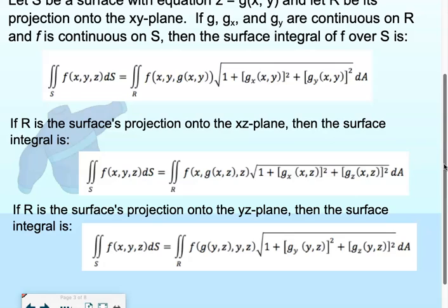I'm pretty sure that your homework tonight is all projecting onto the xy plane. I skimmed through it. I didn't work the problems, but I can't think of any that are turned sideways. But this is there just in case you need it.